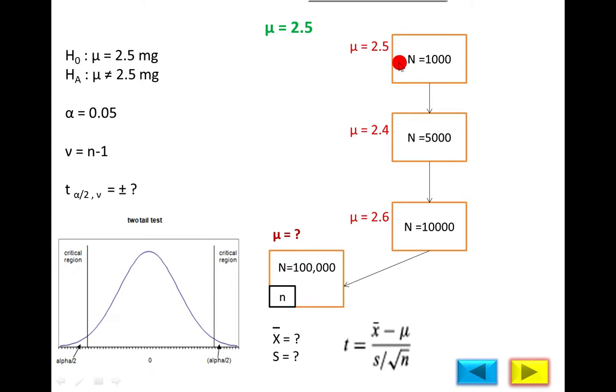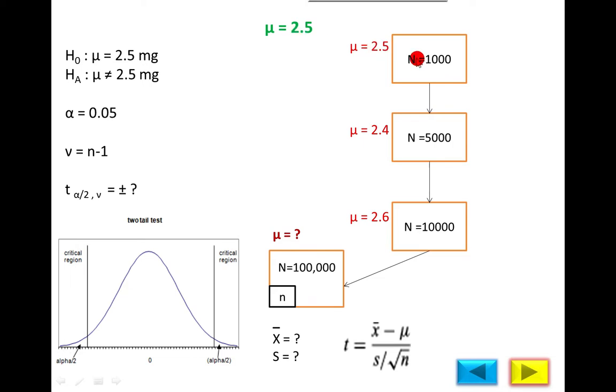If you calculate the weight of all the tablets, and suppose the weights of all 1000 tablets range from 2.3 to 2.7, and then add all the weights of the 1000 tablets and divide by 1000 for the average weight, and suppose the average weight is 2.5 milligram, the same as the standard weight.